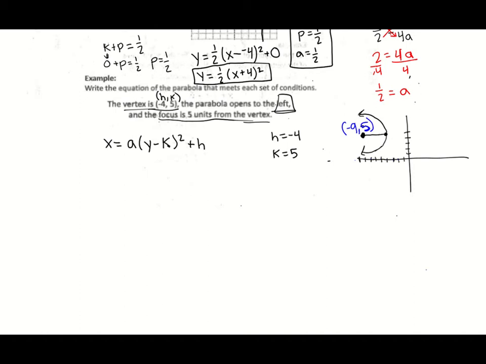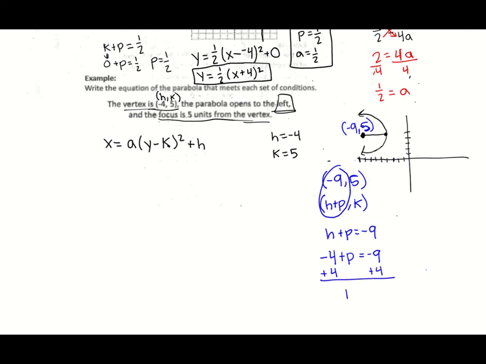And once I have that focus, I know that the letters for that point are h plus p, comma, k. So my h plus p equals -9. My h in this case is -4. So if I add 4 to both sides, I get p equals -5.